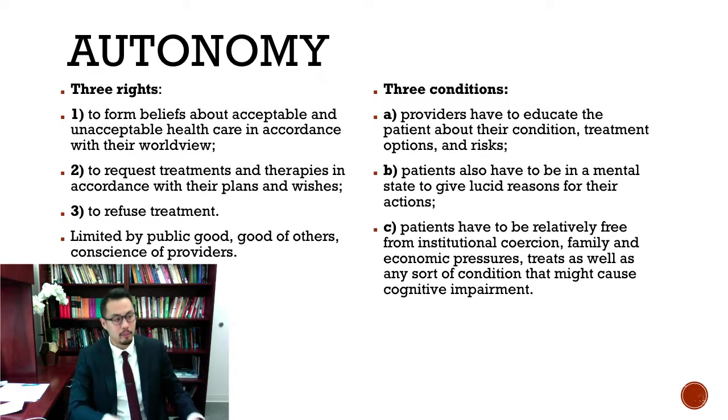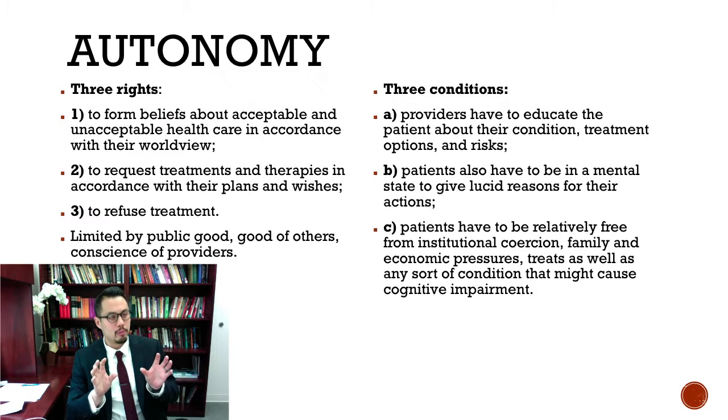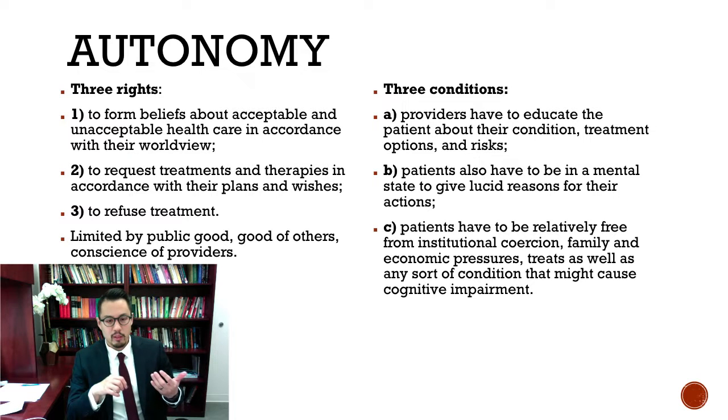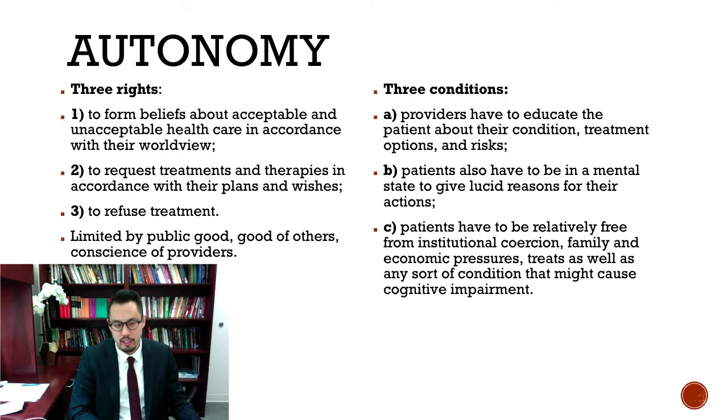And number three, patients have to be relatively free from any kind of institutional coercion, either through family or economic pressures, as well as any kind of condition that might involve cognitive impairment, such as if they're under the influence of particular substances or they're suffering from schizophrenia, for instance.